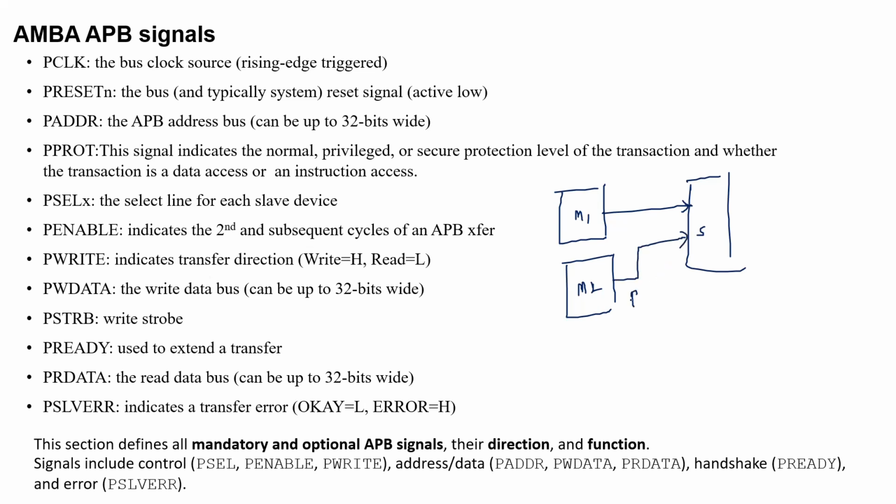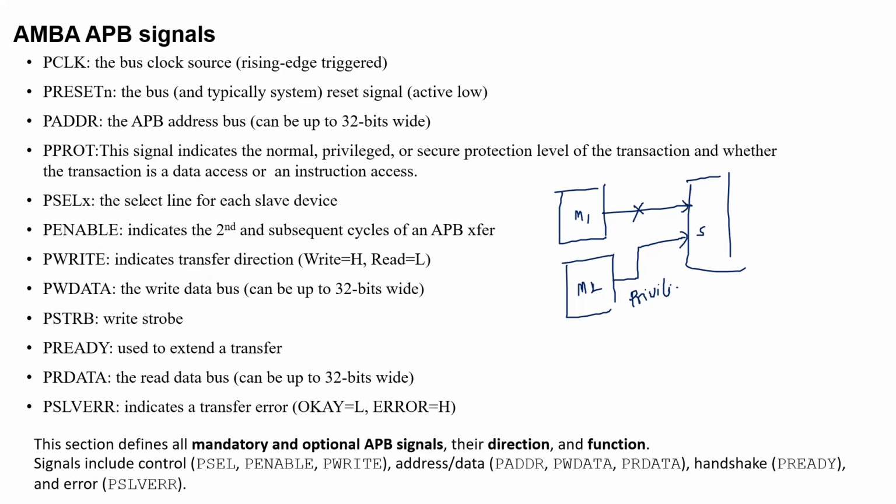If it has privileged access, it disconnects the communication with master 1 and establishes the communication between master 2 and the slave. Privileged means it gives some priority to that master. So that is called privileged access.